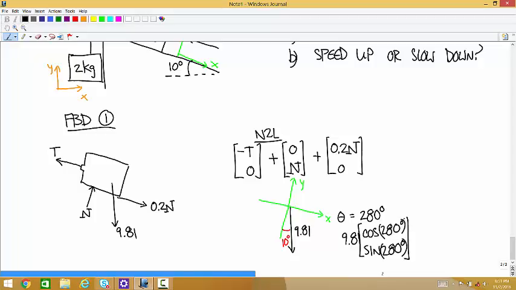I just made this problem up. Okay, so that's the weight force. So 1.70, negative 9.66.